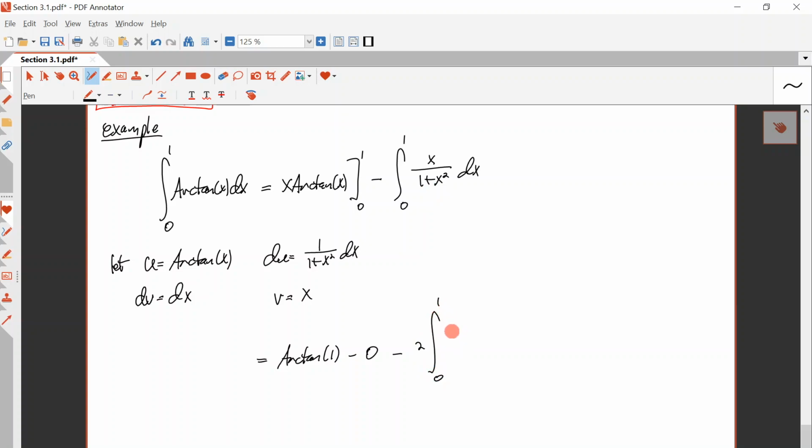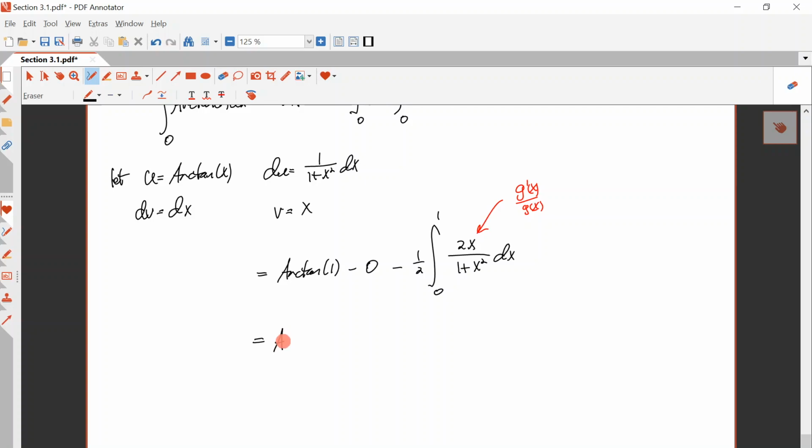But I'll fix it up so that it is. Now this is of the form g prime over g, so the antiderivative of that is the log of g.